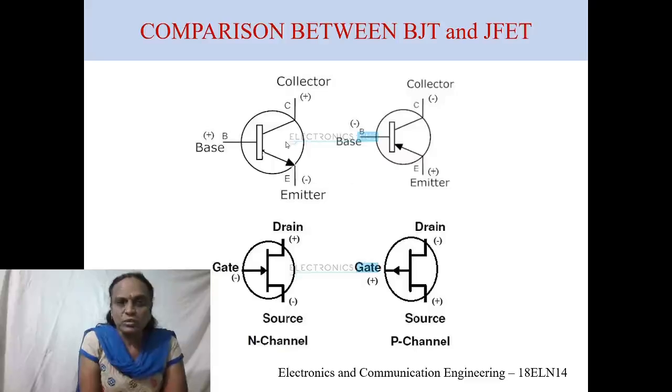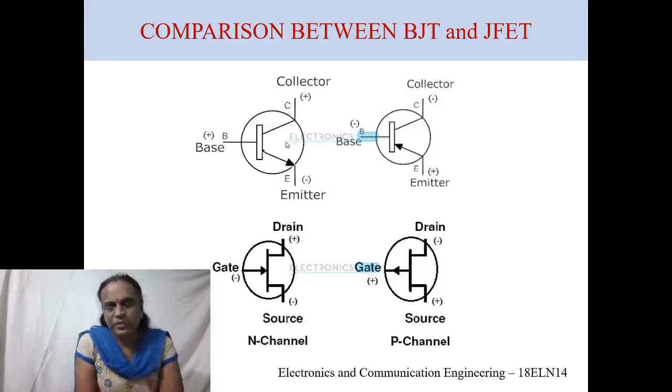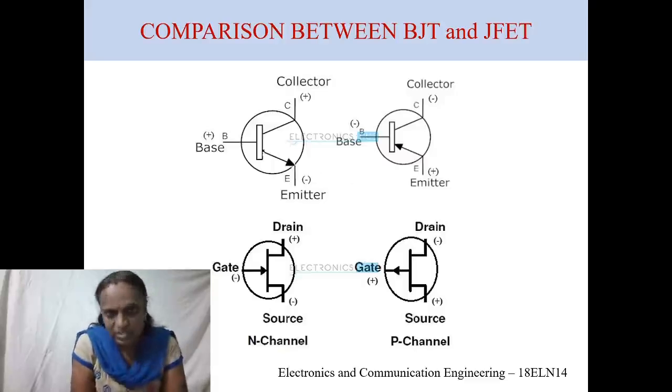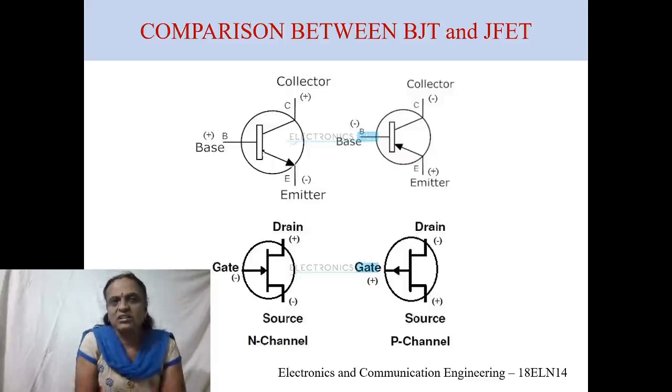Now, in the BJT, briefly comparing the symbol, as we have already seen in module 1, if at the emitter the arrow mark is pointing out, then it is an NPN.